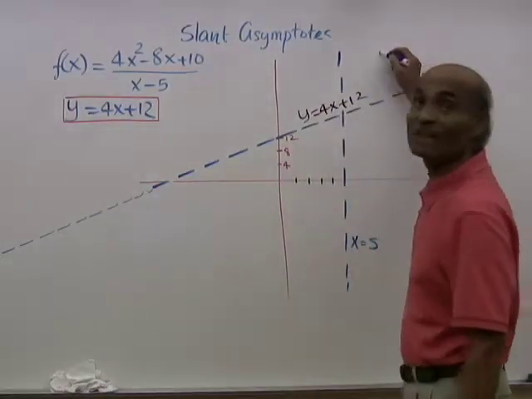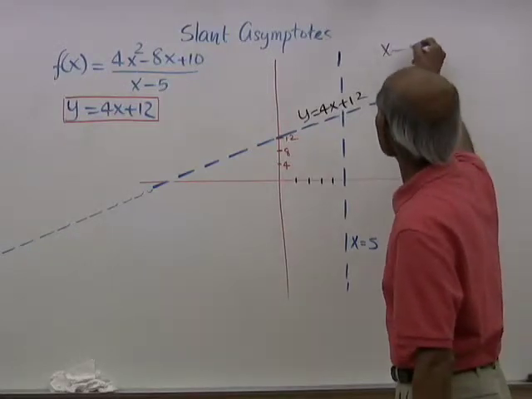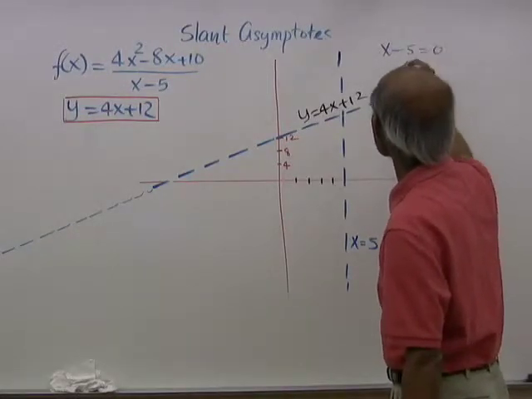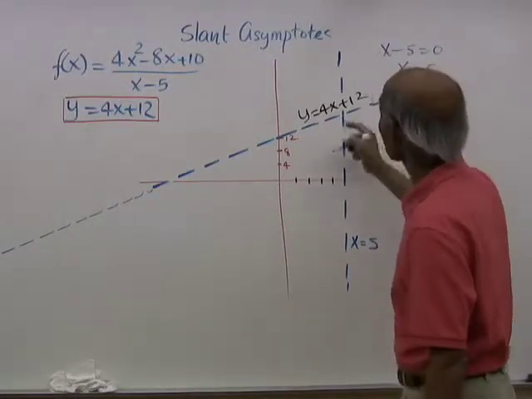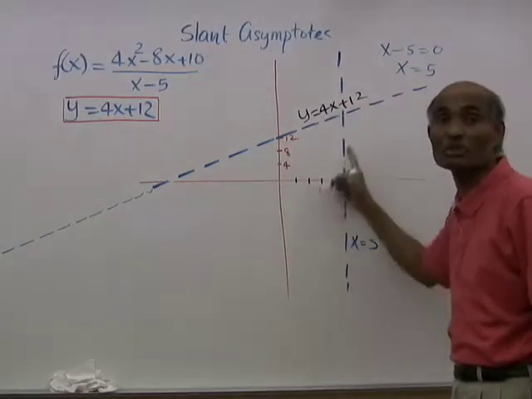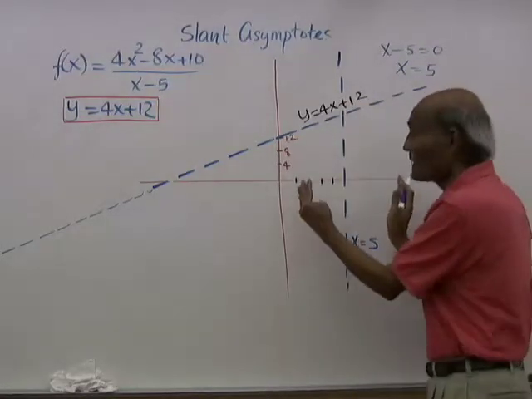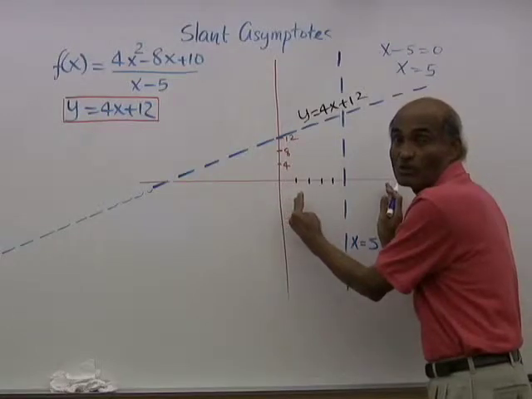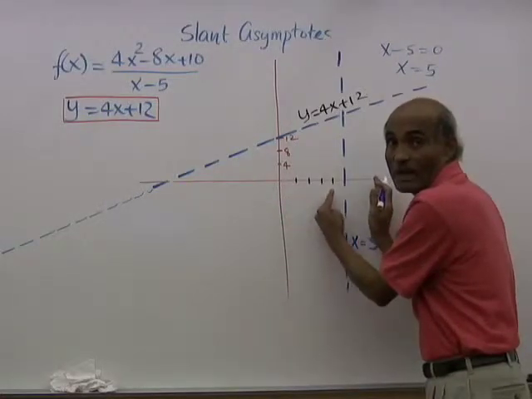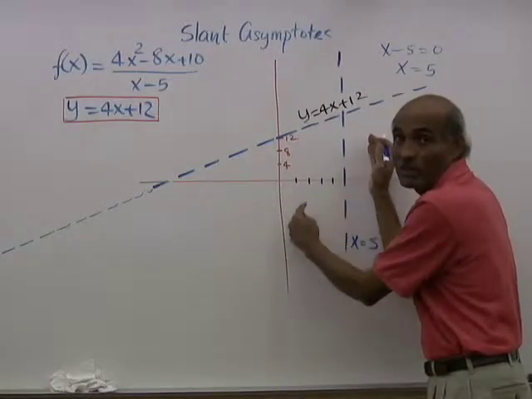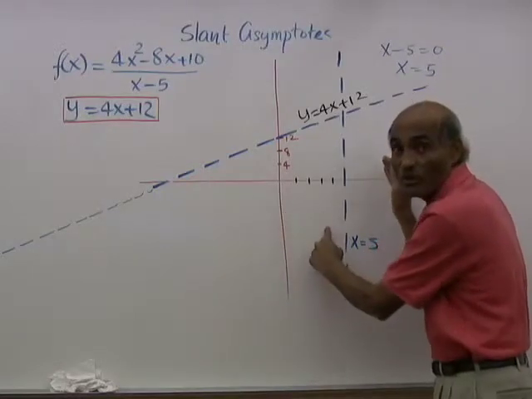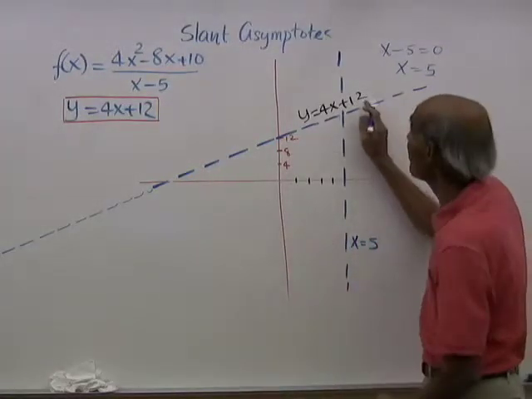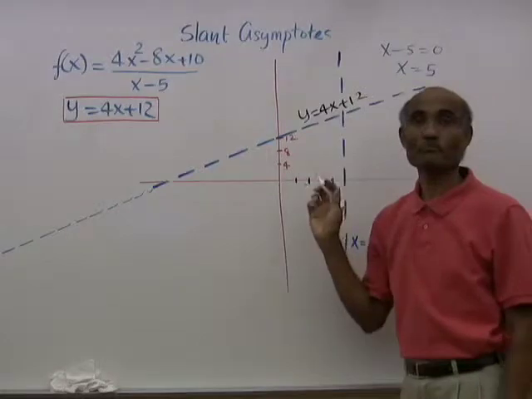The denominator is x minus 5. So x minus 5 equals 0 gives you x equal to 5 is the vertical asymptote. That means as x gets closer and closer to 5 from the left or from the right, the function value either goes to negative infinity or positive infinity.